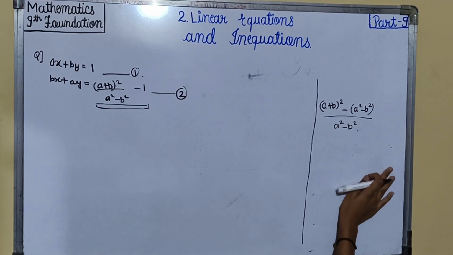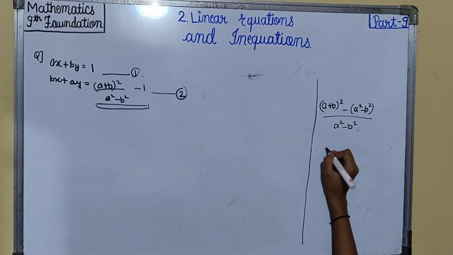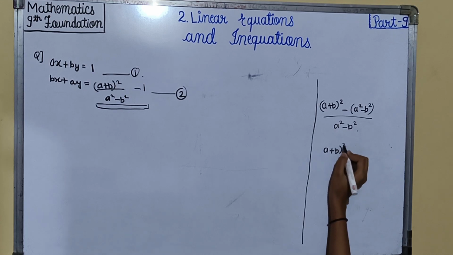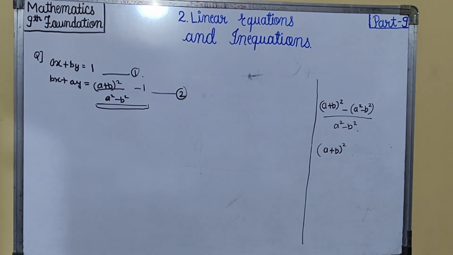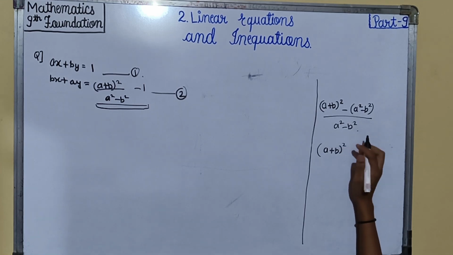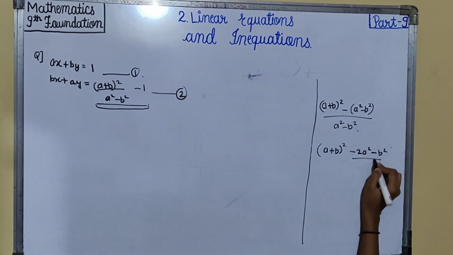So we'll get (a plus b) whole square, then minus a square minus b square upon a square plus b square.